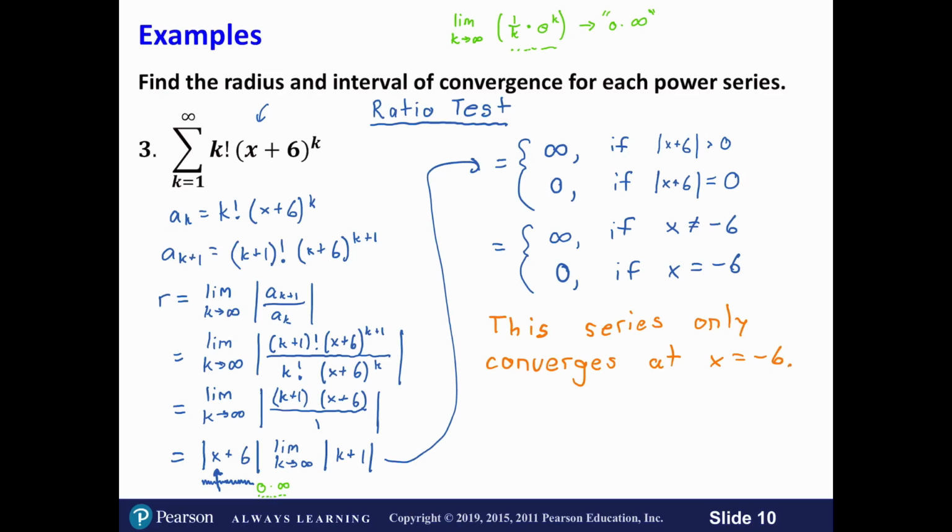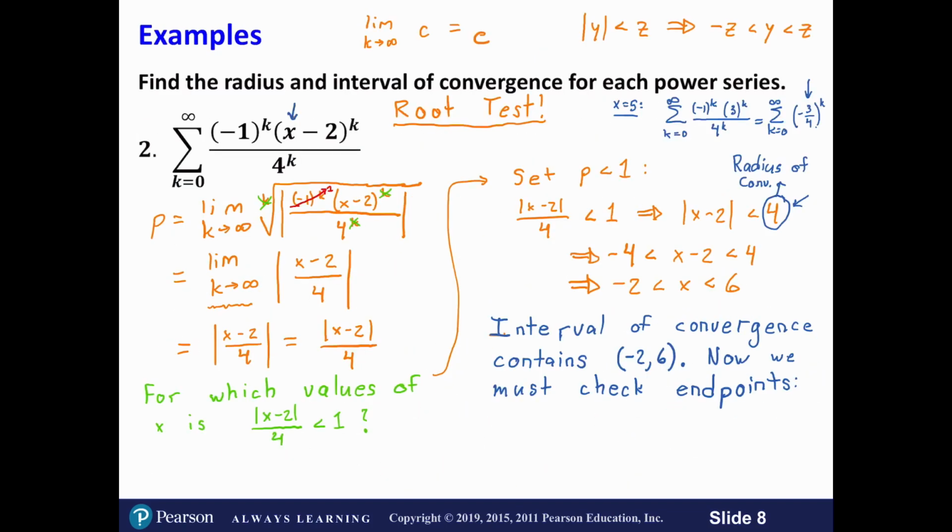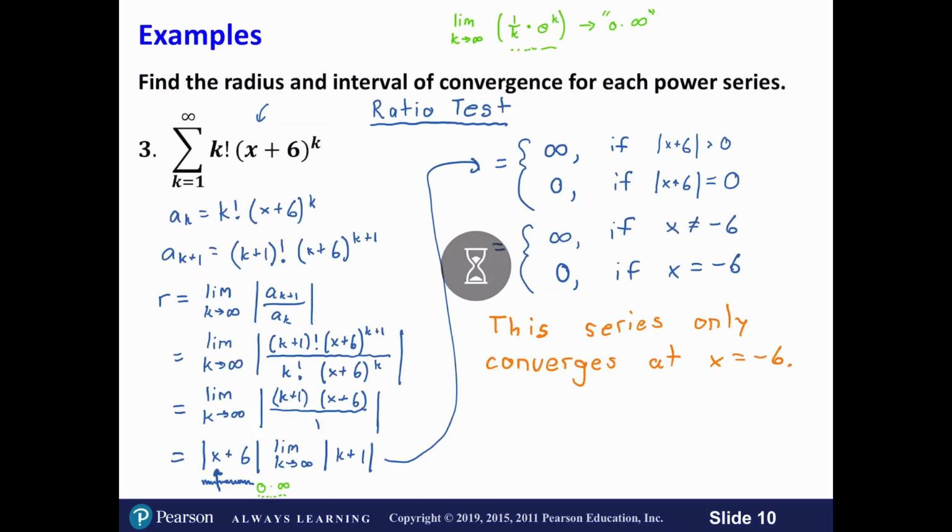Alright, and so that falls into case number 3 that we discussed back in this theorem, where if it only converges at one value, then the radius of convergence is 0, and the interval of convergence is just the number that it converged at.